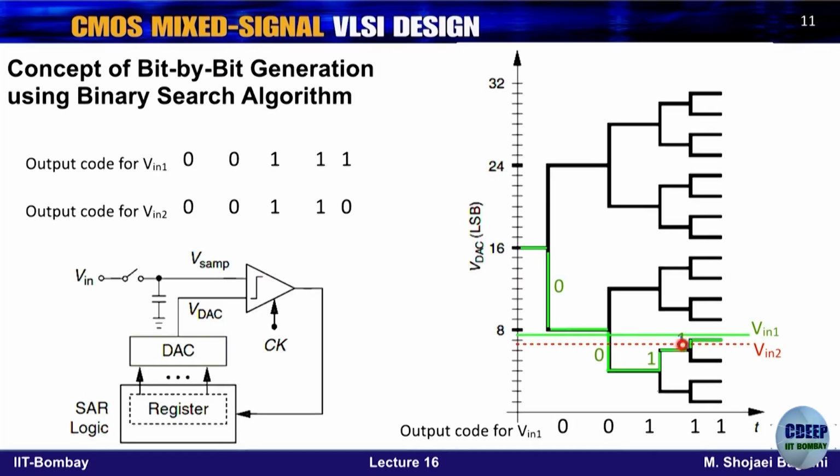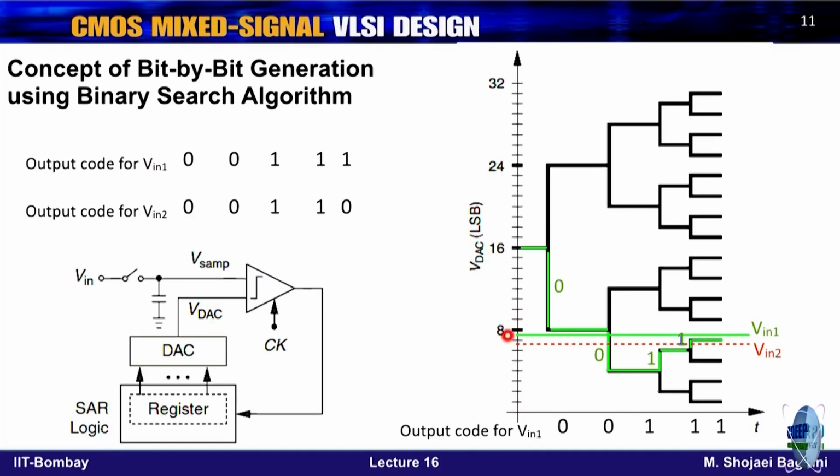Now suppose in this case, we are talking about V in 1, which is shown by green color. So the input is below that. Therefore, we know that the first bit is 0 because the input is below. Then we move to the next reference level, because now we want to know whether it is in the upper half between 8 and 16 or the lower half between 8 and 0.